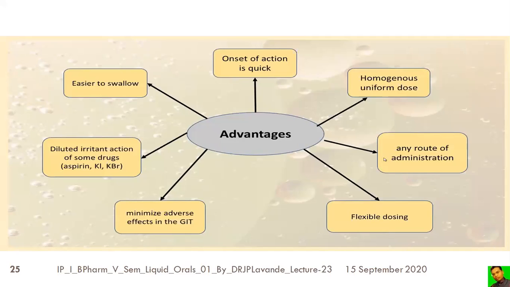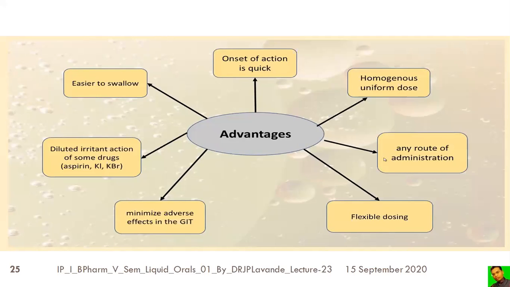Solutions are homogeneous and contain a uniform distribution of the dose, right? Because in the case of a tablet, sometimes the tablet may contain less or more drug substance, but the solution contains an equal amount. So there is a homogeneous distribution of the drug substance.